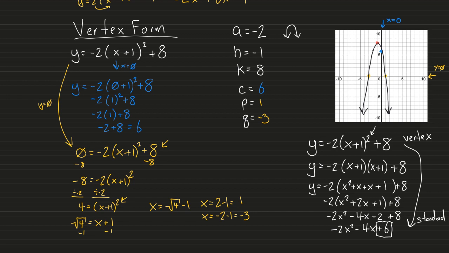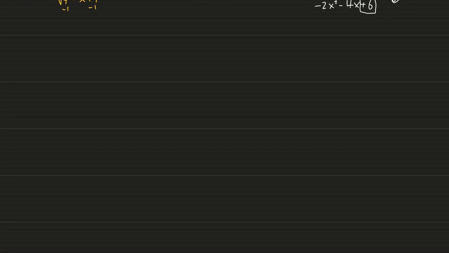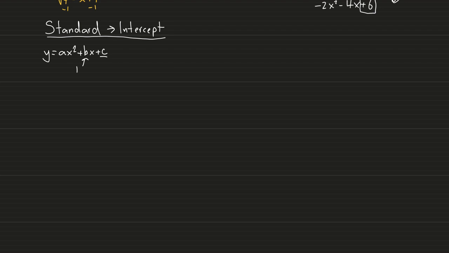However, multiplying our binomials does reveal some interesting patterns, particularly when we want to go from standard form to intercept form. This is perhaps the trickiest one we've run into so far. Our standard form is y equals ax squared plus bx plus c, where we get the c right away, and we can get h and k there, but getting our x-intercepts is difficult, very difficult.